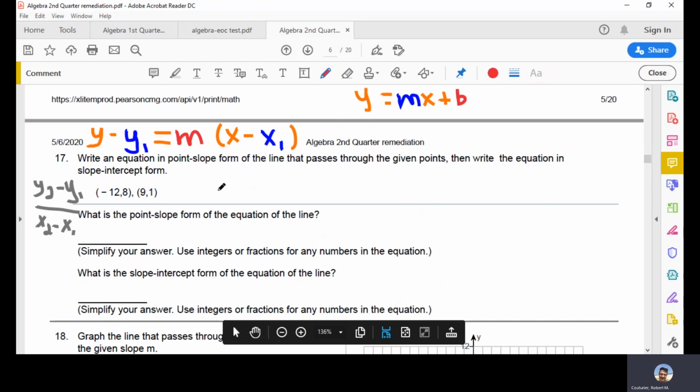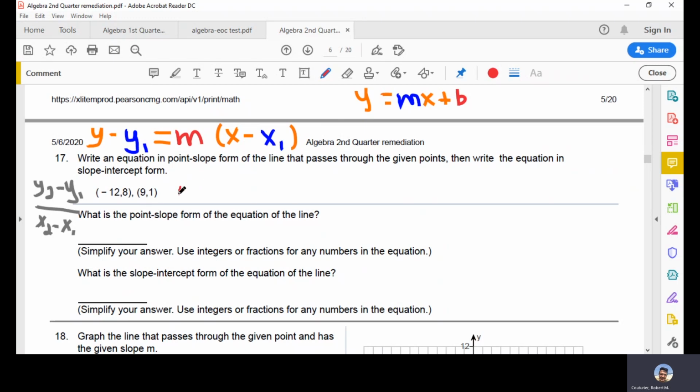So all we do is take our point-slope formula, solve for y, and it transforms it into the slope-intercept formula. So all these things we learned in chapter 4 are about, can we figure out what the slope is? Can you put it into one of the equations and get the other equation? Okay, let's start this and get going.